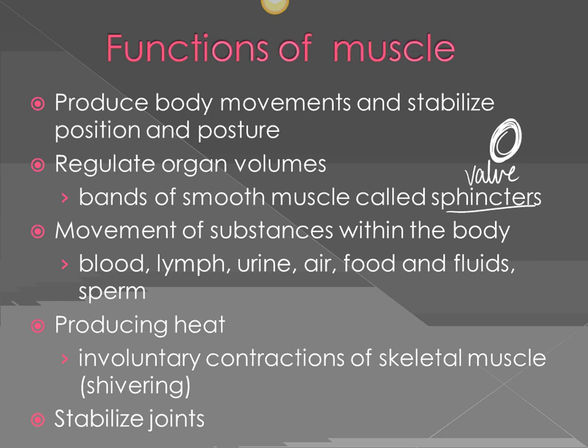And you will find these sphincters in areas of the body where things go from one area to the other, or from one part of the body to the exterior. I'm giving you an example like the urinary bladder. When your bladder fills, you all know urine doesn't pass out because the bladder is closed at the end.